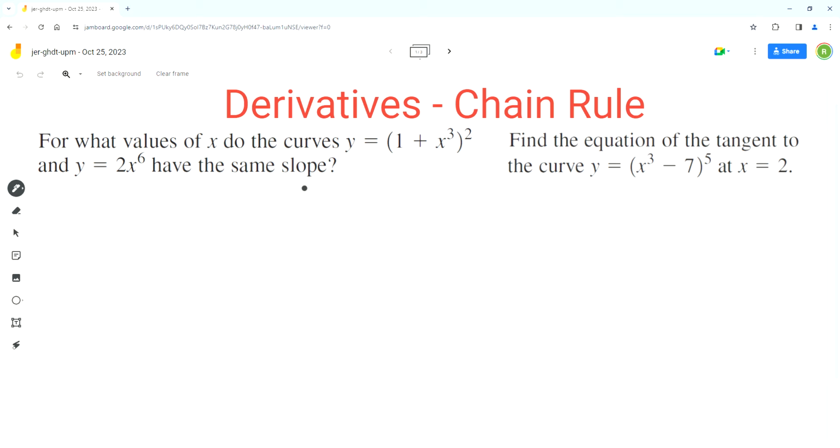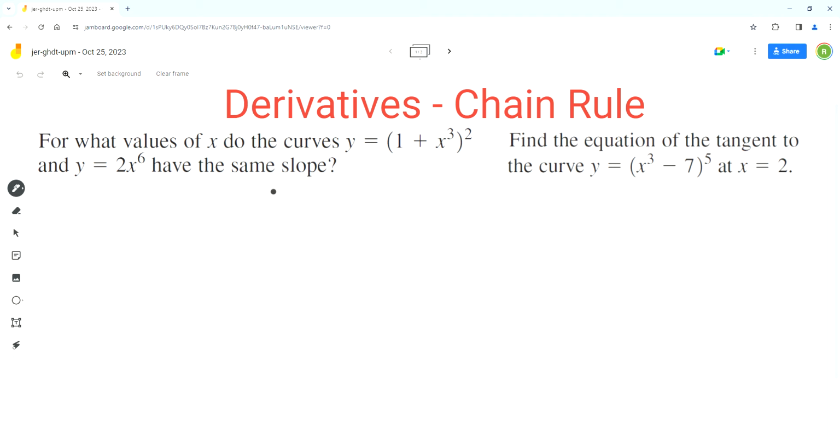Now we have to understand that the slope of a curve is found from the derivative of the equation for that curve. Now in this problem we have to find the x values where these two curves have the same slope.